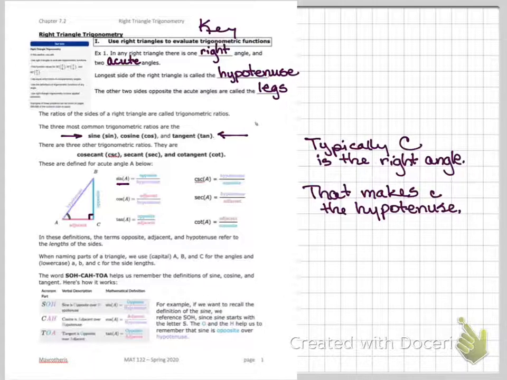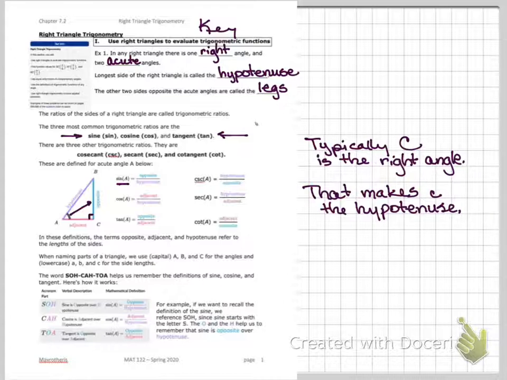So take a look at that sine ratio. That says opposite over hypotenuse. And what we're referring to here are the lengths of those sides. So when we're talking about a given angle, the side opposite it is the side that does not make up one of the sides of the angle. So it is the side that physically does not touch the angle at all.